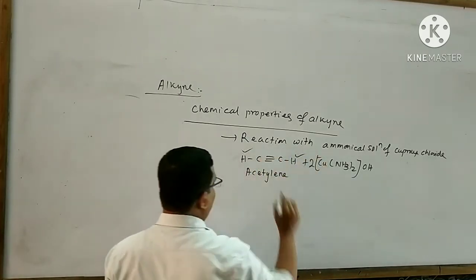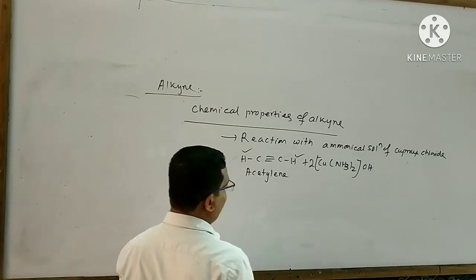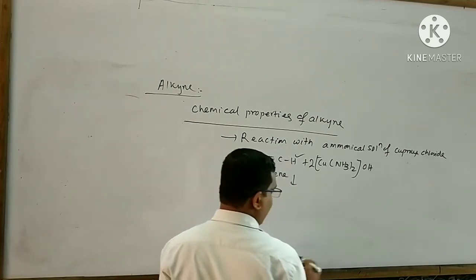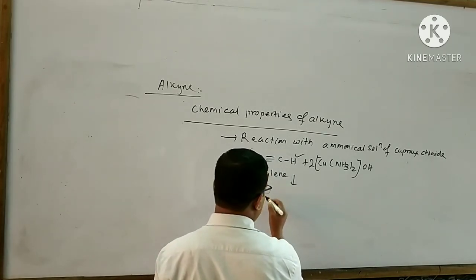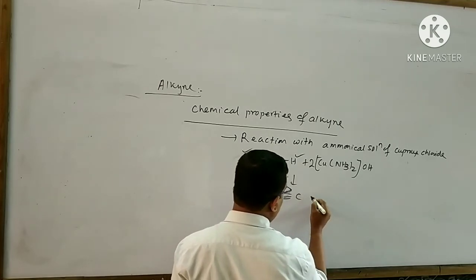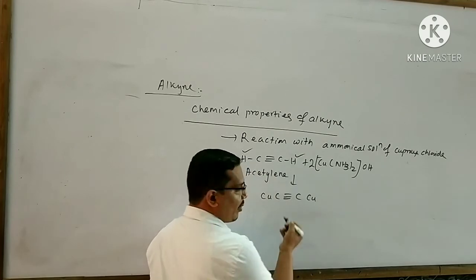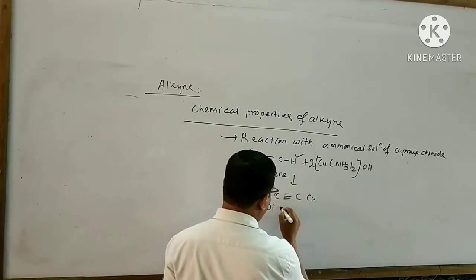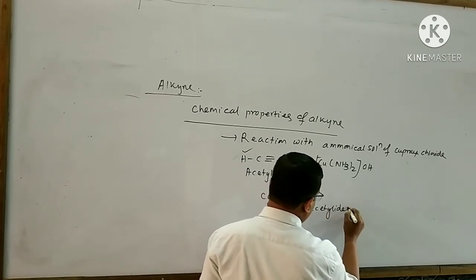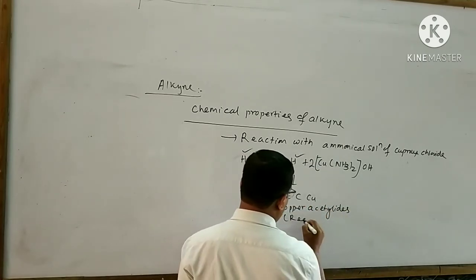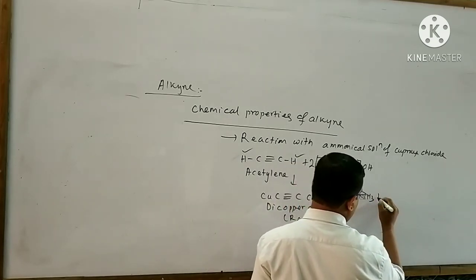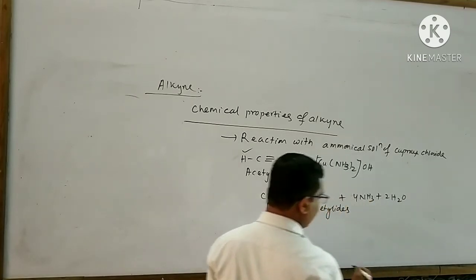These two acidic hydrogens are removed by the copper atoms and give a red colored compound, Cu2C2. The name of this compound is dicopper acetylide. It is red in color, where the byproducts are ammonia and water molecules.